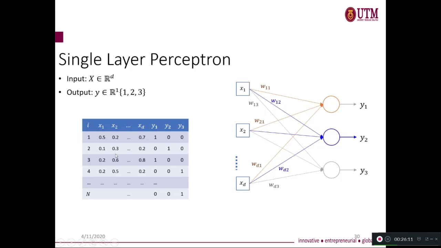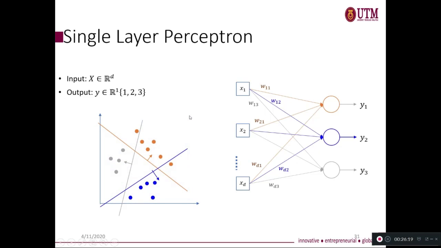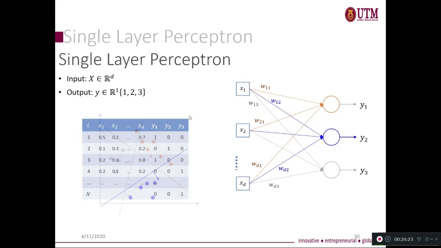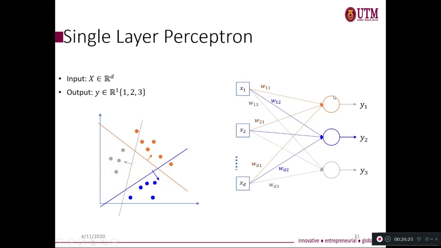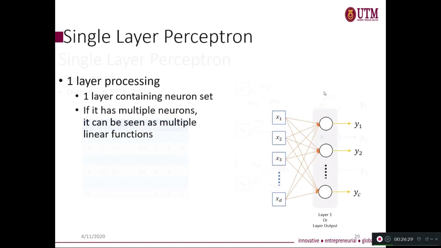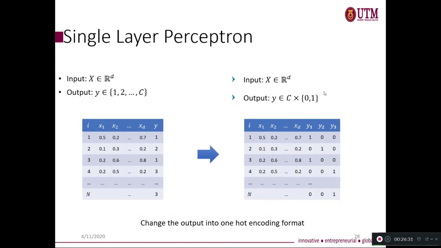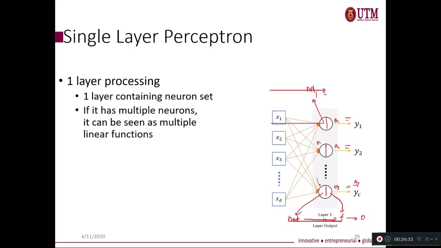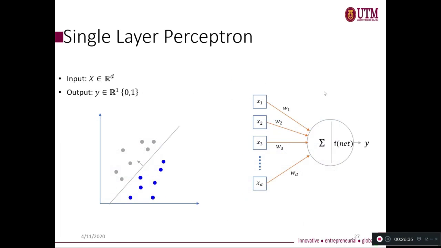So again, this is the training data, and this is the one hot encoding format that represents it. Once you separate it, what is the disadvantage of a single layer perceptron if you represent it in this format as compared to this format?